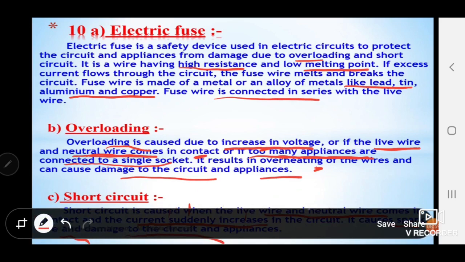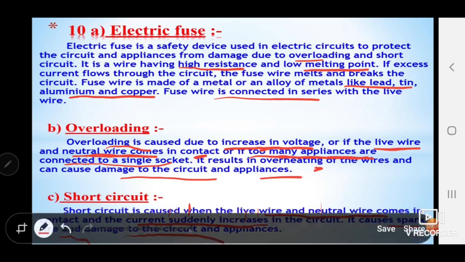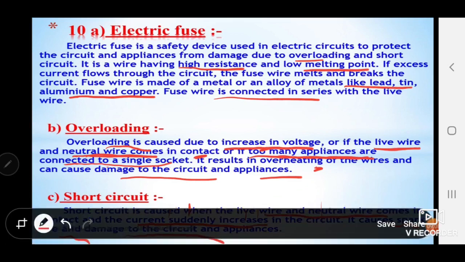So, short circuit means, whenever a live wire and neutral wire come in contact, the current abruptly increases, hence it results in the release of spark fire and damages the circuit and electrical appliances. So, this is nothing but short circuit.